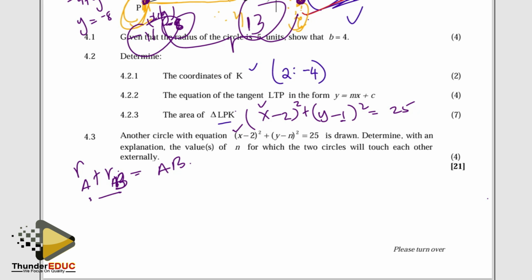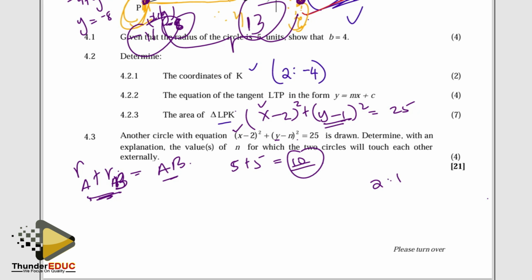So we can create a quadratic anyway. Say it's y minus... So the sum, which is 5 plus 5, must give us a 10. Okay. So this 10 must give us this.